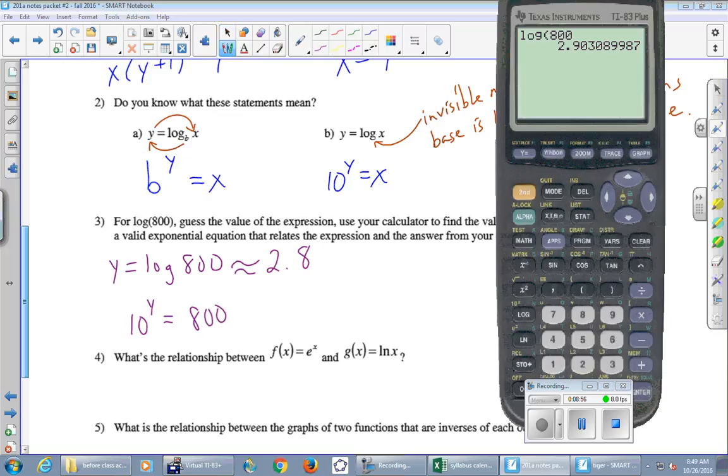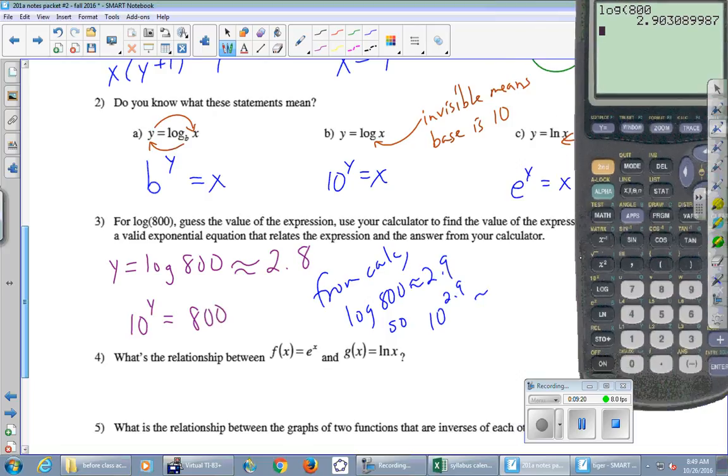And so from the calculator, log of 800 is approximately 2.9, which means that there's an exponential equation we can write. So something to the something equals something. 10 to the 2.9 is about 800.